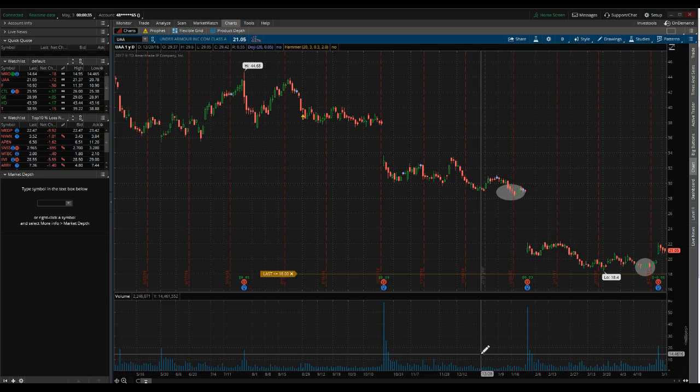We'll go over that in another segment as well. But by writing cash secured puts and writing covered calls, we can be on both sides of the stock so that we are constantly making money.